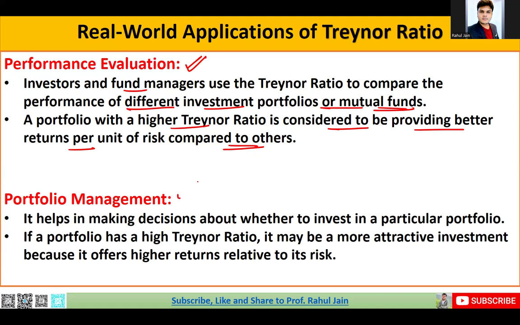And in portfolio management, it helps in making decisions about whether to invest in a particular portfolio or not. If a portfolio has a high Treynor ratio, it may be a more attractive investment because it offers higher return relative to its risk. So these returns are all relative to the risk we are taking, right?